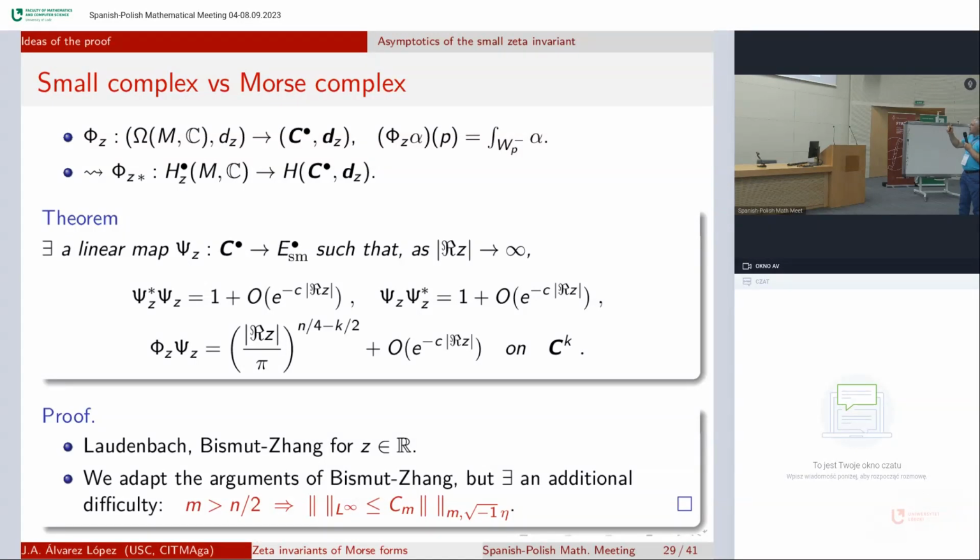Okay, so I like the proof of this implication because it uses differential topology to prove something which is an inequality of norms in functional analysis. So it has this extra difficulty.